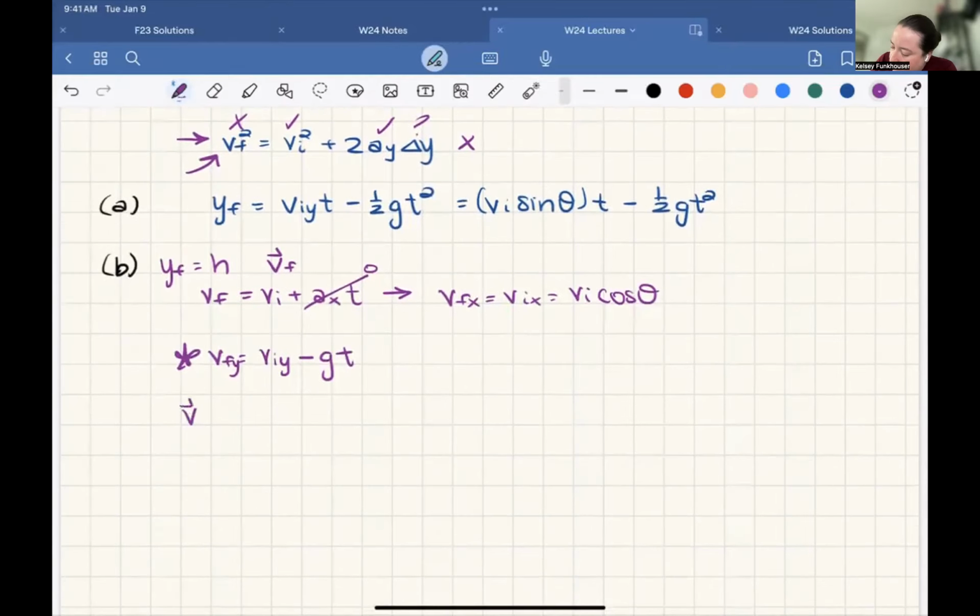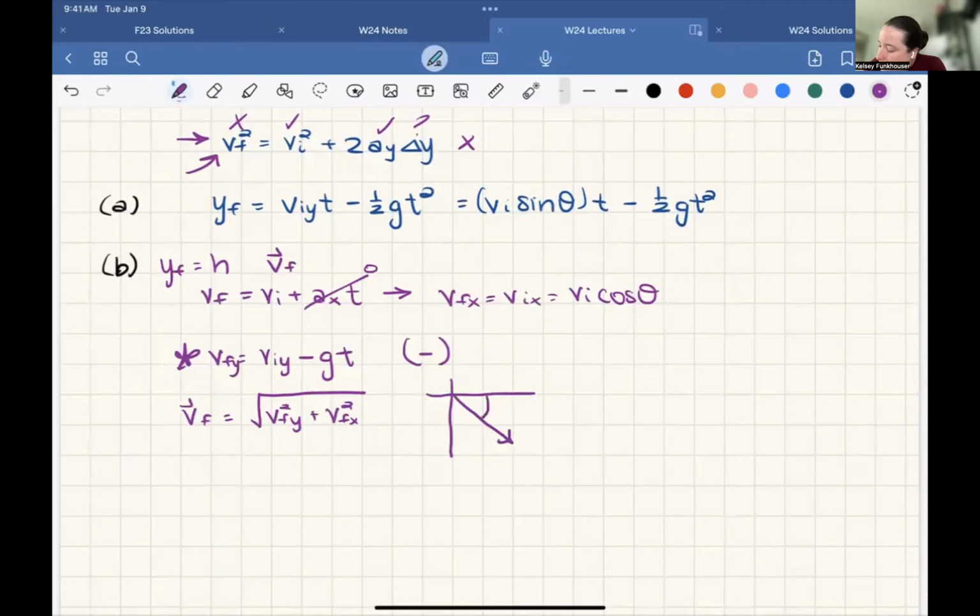And then we would want the magnitude of the final velocity, which is the square root of the final velocity in y squared plus the final velocity in x squared. And this is going to come out with a negative y component, which makes sense because it's on the way down. So we also want to give the angle here, and I'll call this angle phi since the other angle was theta.